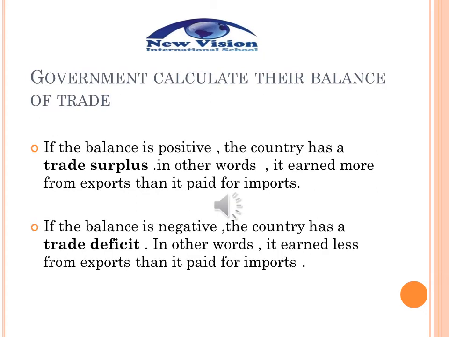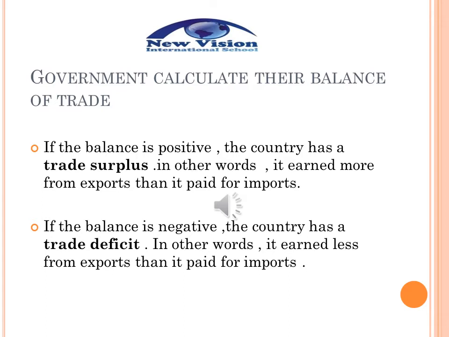Governments calculate their balance of trade. How does the government calculate their balance of trade? At the end of each year, the government calculates their balance of trade. If the balance is positive, the country has a trade surplus.